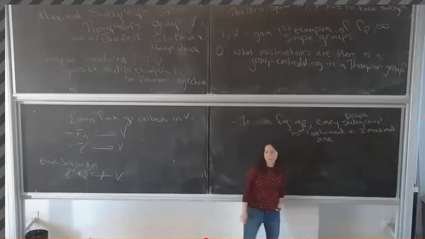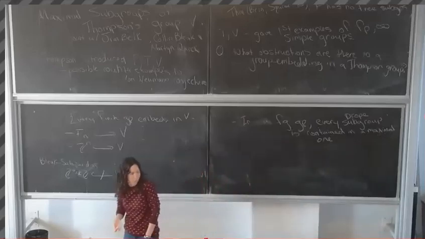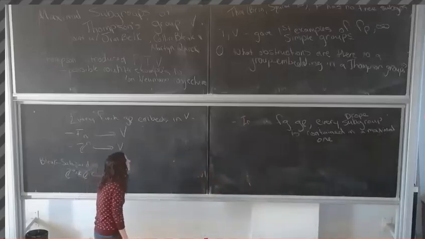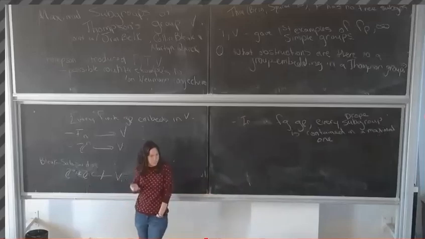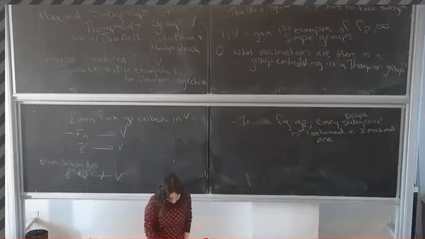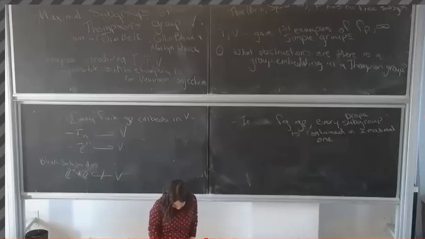And so, if you're trying to understand this question of what types of restrictions can occur, if you can get a sufficiently good understanding of your maximal subgroups, then you can possibly try and answer this question.